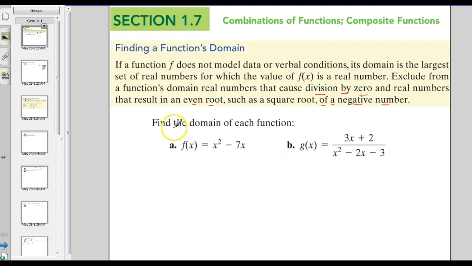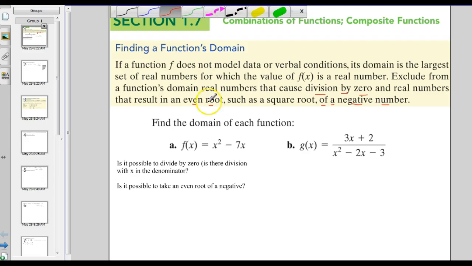Now when I'm looking at this and it's asking me to find the domain of this function, I have to ask myself, is it possible to divide by 0, and is it possible to take the square root of a negative? So we ask ourselves that with this first function. Is it possible to divide by 0? Is there division with x in the denominator? Well, there's no division, so no, it's not possible to divide by 0. Is it possible to take an even root of a negative?